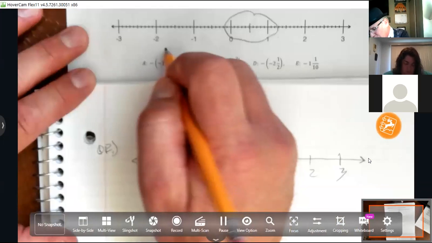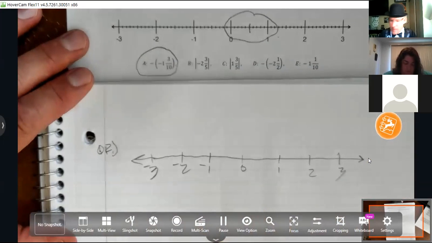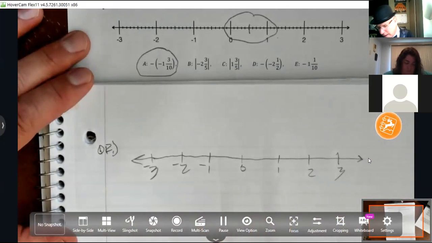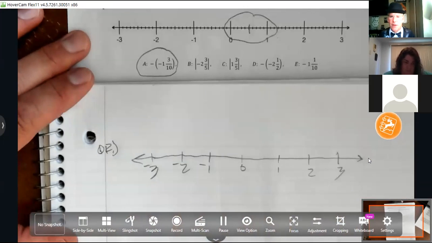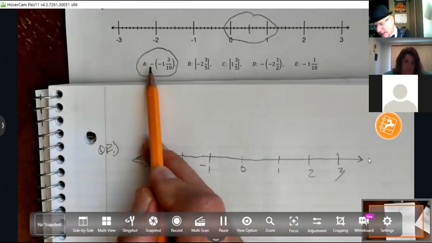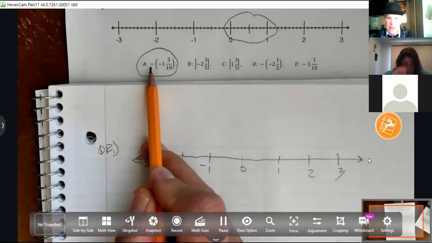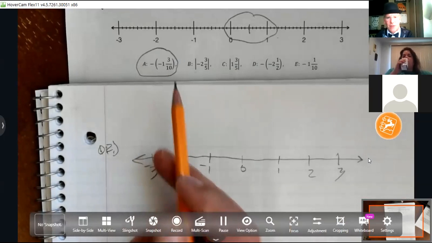We're going to plot point A, and point A is negative the quantity -1 3/10. So if you remember negative numbers, whenever you see the negative sign, it means the opposite of. So what's the opposite of 1 3/10?